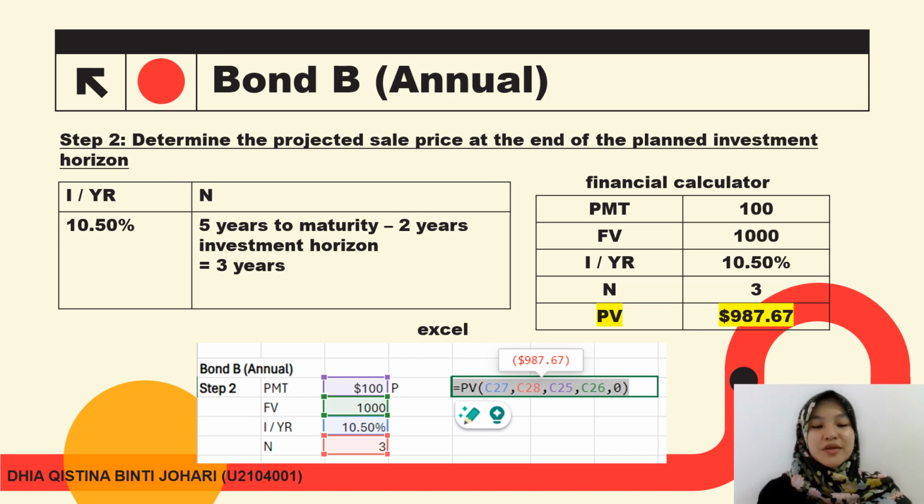And then we proceed with step 2, which is to determine the projected sale price at the end of the planned investment horizon. Like I stated before, there are two calculations you can use, which is Excel and the financial calculator. I'm using Excel, using the formula PV, inserting the data, and I double-check with my financial calculator answer, which results to $987.67.